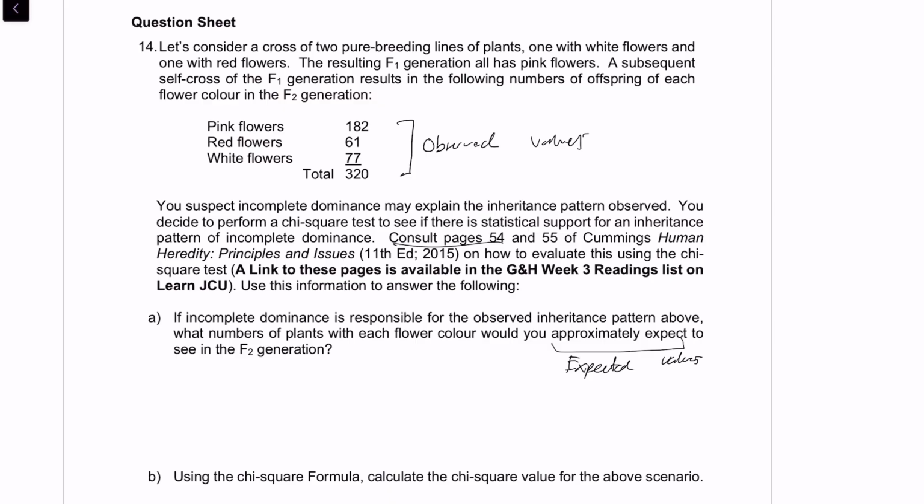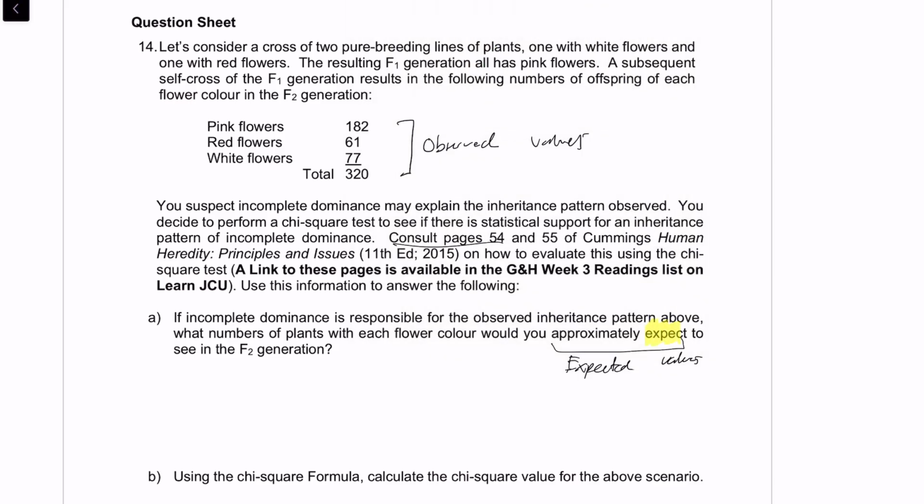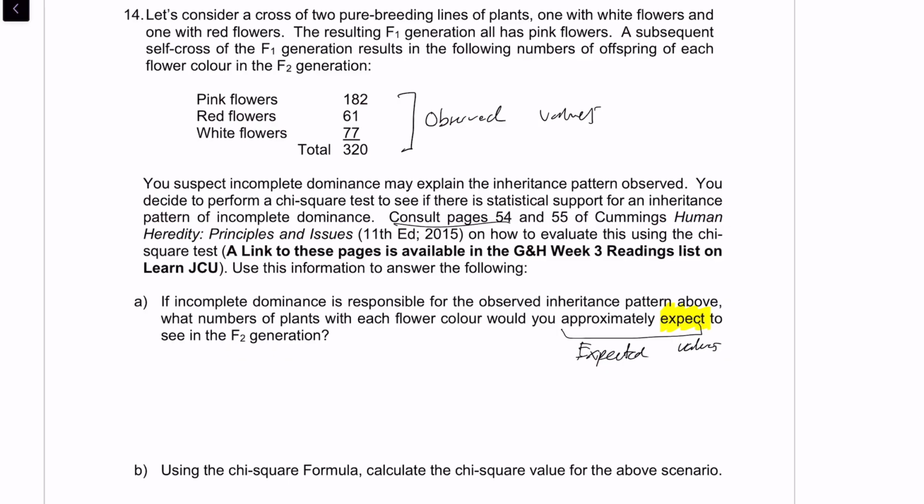Keyword there is expect. So we'll basically just repeat this table up top again, but with different numbers. So we have pink flowers, red flowers, and white flowers.